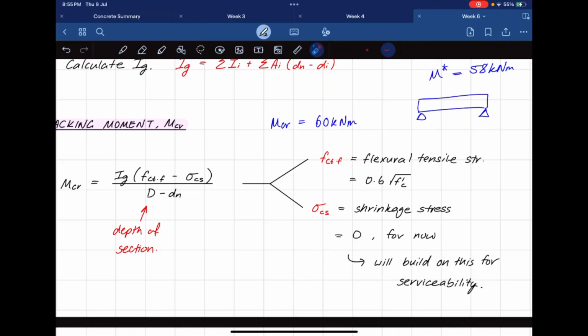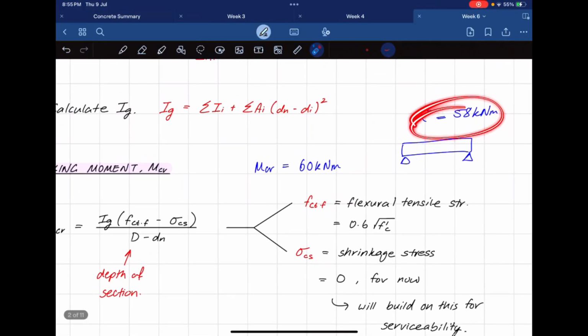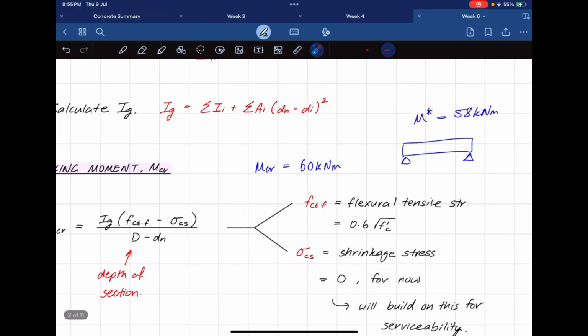As soon as it hits 60, the section's going to crack. Now in this case, because it's less than 60, it's not going to crack. However, if this became 100 kilonewton meters, it's exceeded MCR, therefore it's going to crack.